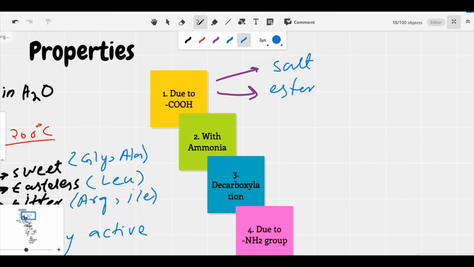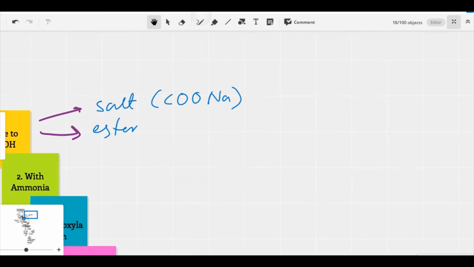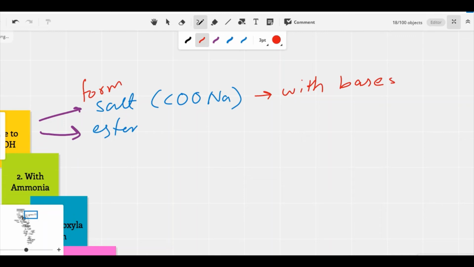How? As you know, in salt formation there is replacement of hydrogen and addition of sodium, so it forms a salt when it reacts with bases.